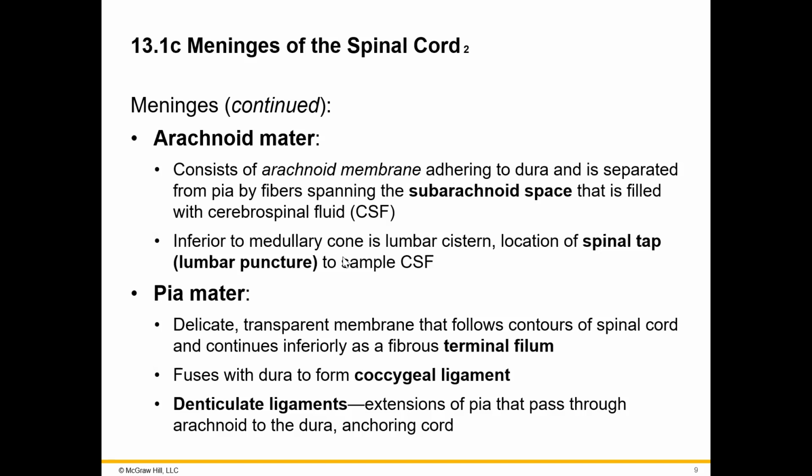So inferior to the medullary cone is the lumbar cistern that is located on the spinal tap, known as the lumbar puncture, to sample this cerebrospinal fluid that is highly susceptible to infections, microbial, bacterial, viral infections that enter through your nasal or oral cavity. They can travel through these air-filled sacs and the blood and spinal fluid sacs and enter into your meninges.